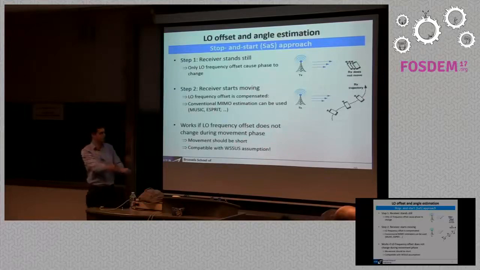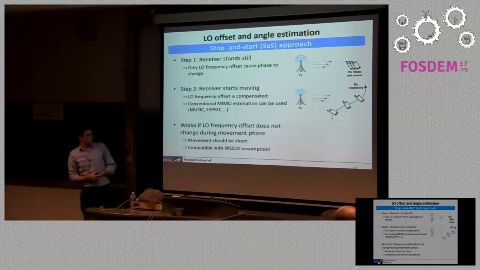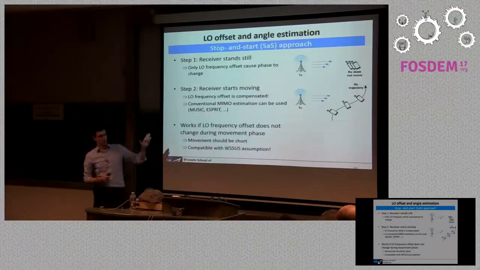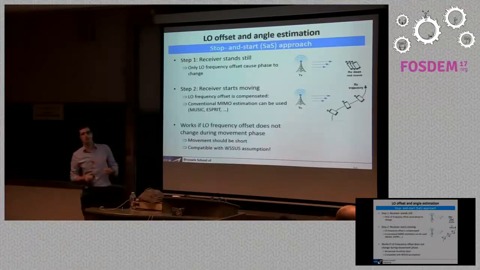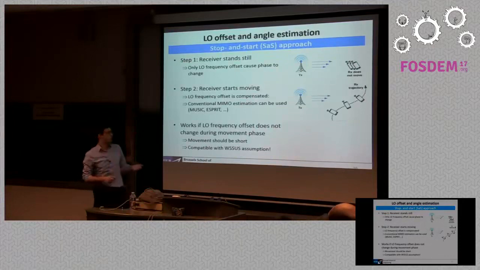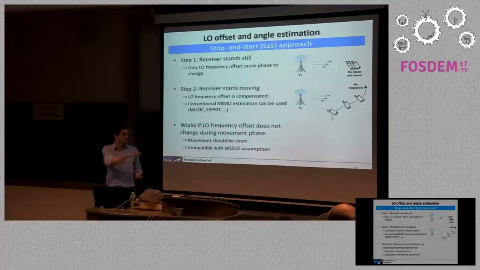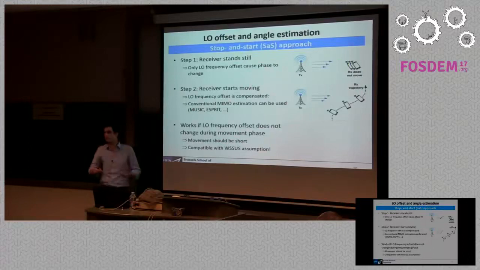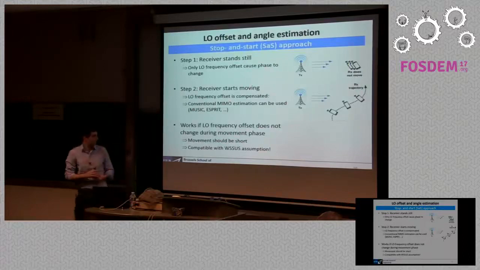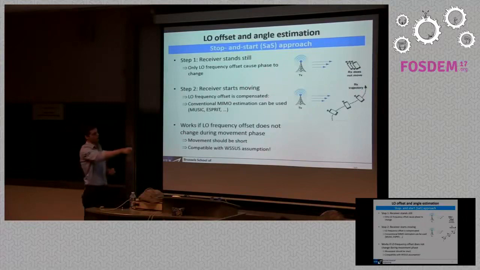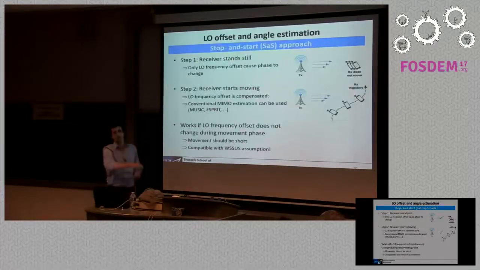You can use ESPRIT, MUSIC, beamforming, ML, whatever you prefer. Now, this works provided you have a decent frequency estimation when you're standing still, and provided the frequency offset doesn't change too much between the moment you estimate it and the moment you're using it to compensate. So basically, you should not wait too long between your estimation and the moment when you move.